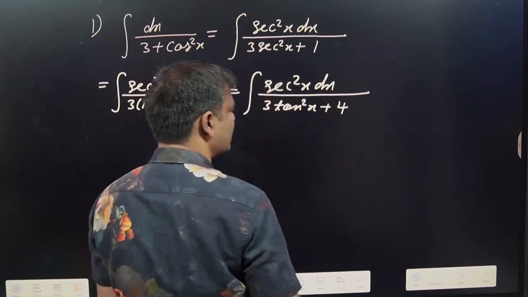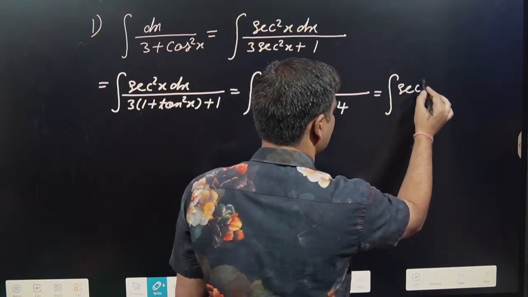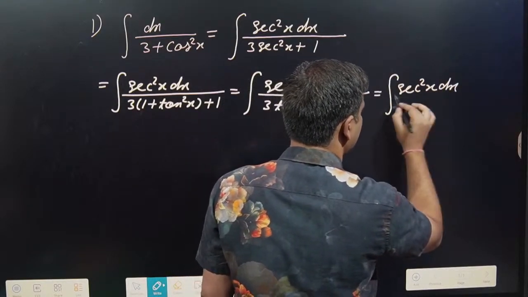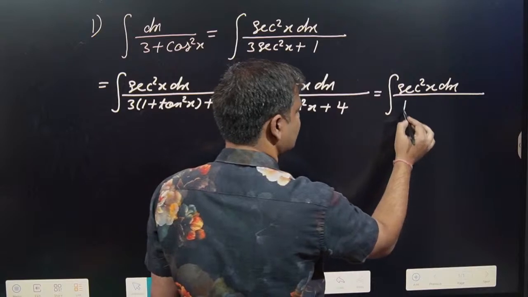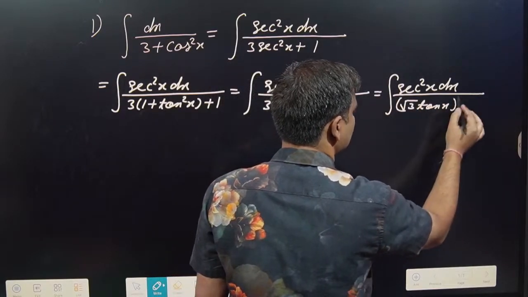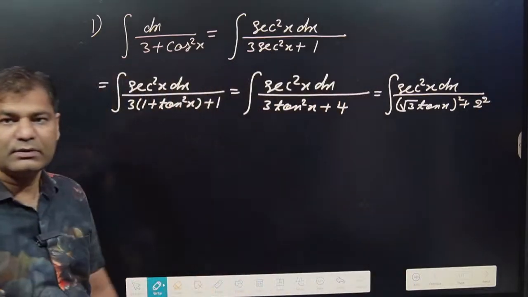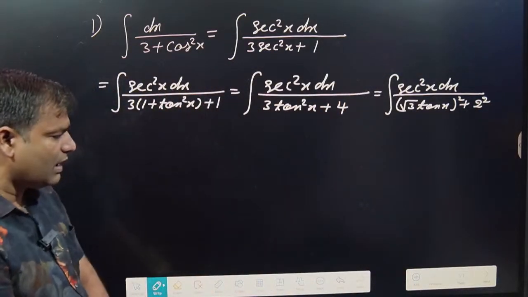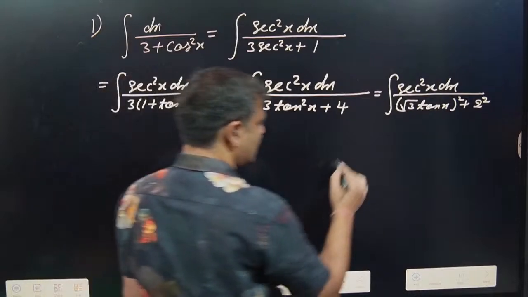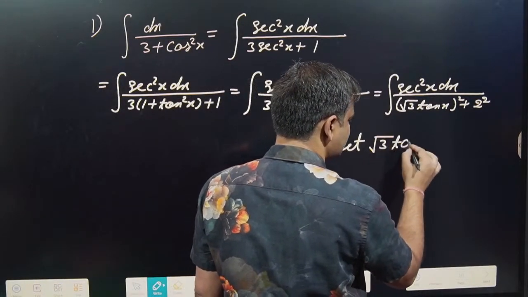After that, look here, this is written as sec square x dx divided by root 3 tan x the whole square plus 2 the whole square. Now you can say let root 3 tan x be t.